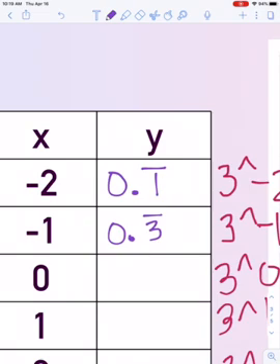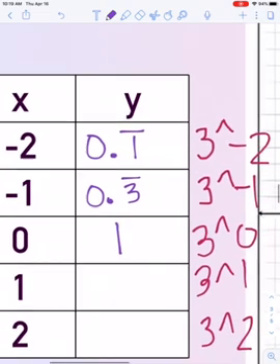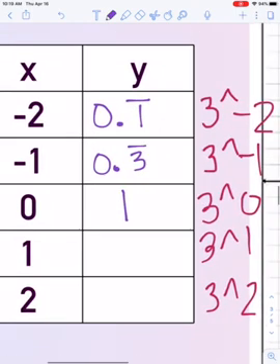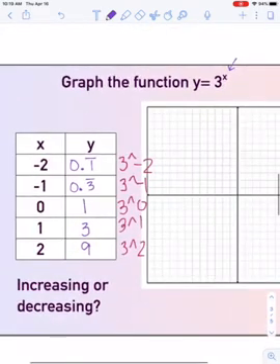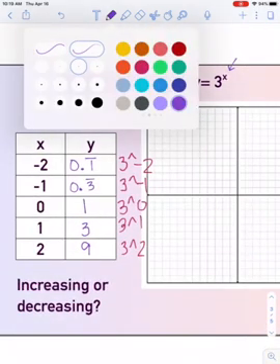This third one you don't have to put in your calculator, because anything to the 0 power is 1. Anything to the first power is itself, so 3 to the first is just 3. And 3 squared is 9. Once you have all those points, you can come over here and graph them.